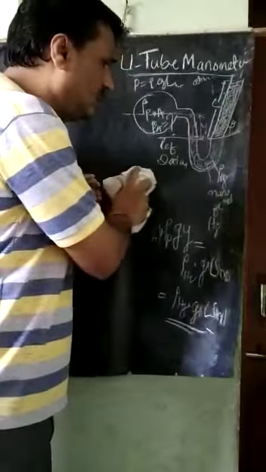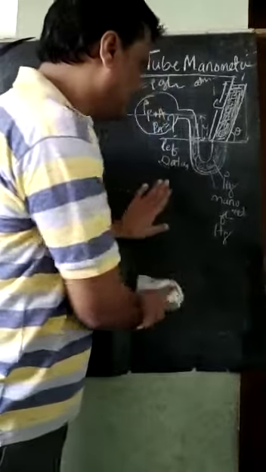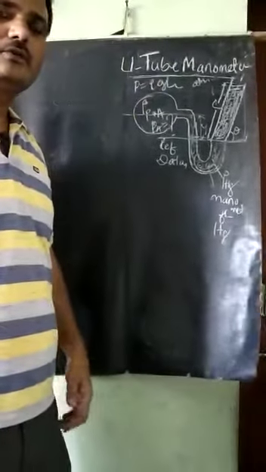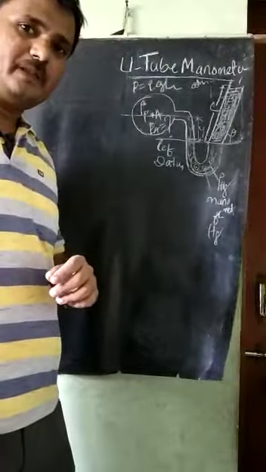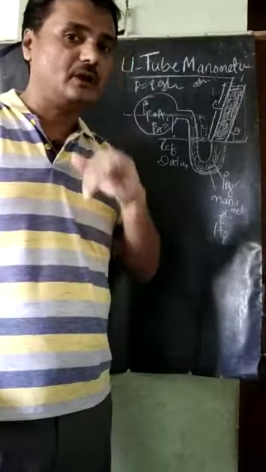Next, the manometer for measuring vacuum pressure. The manometers we discussed measure gauge pressure. Vacuum pressure means pressure less than atmospheric pressure.